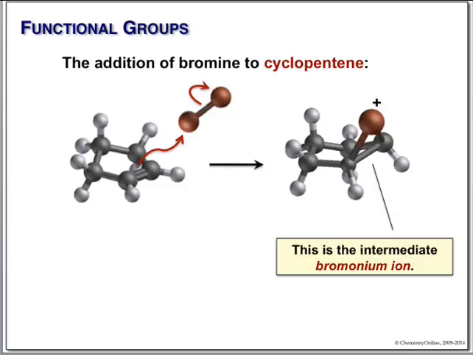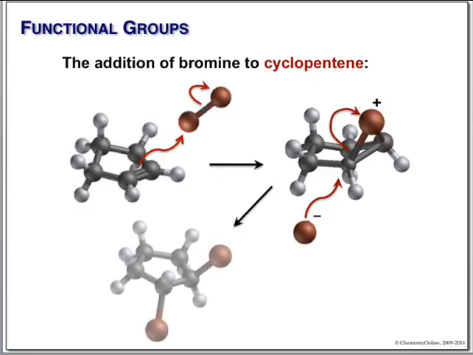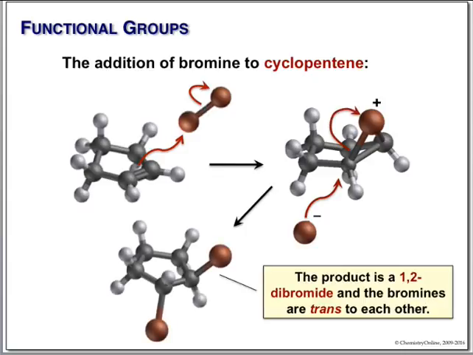Very short lifetime. We also release Br minus. Br minus down here will now attack this carbon, breaks that ring, and we get the 1,2 dibromide, and they're on opposite sides. Called an organic mechanism.